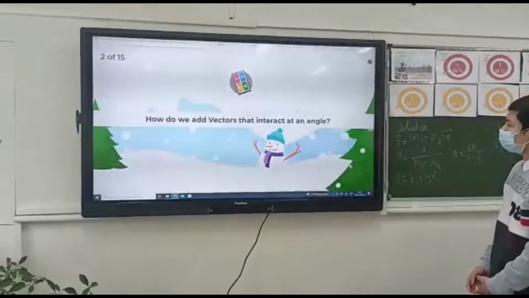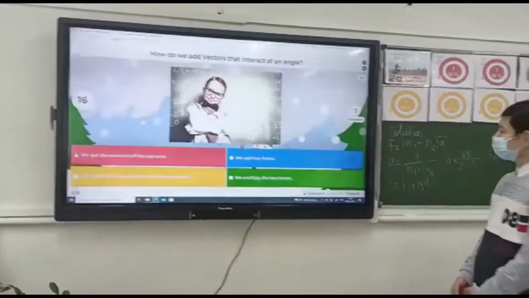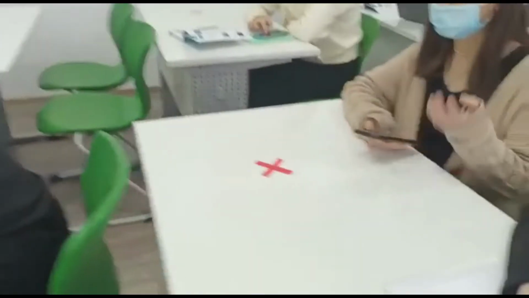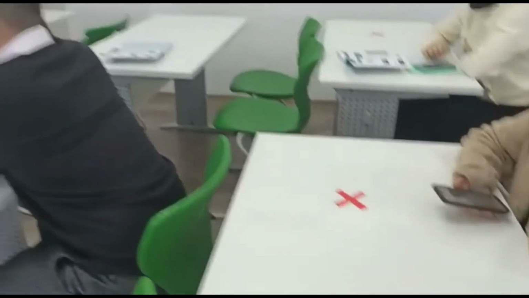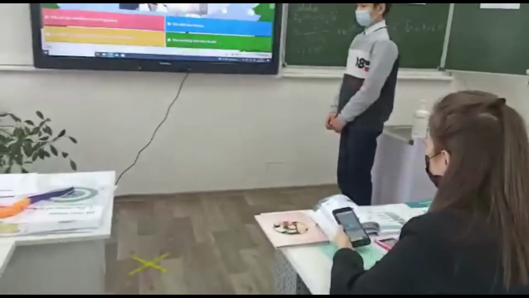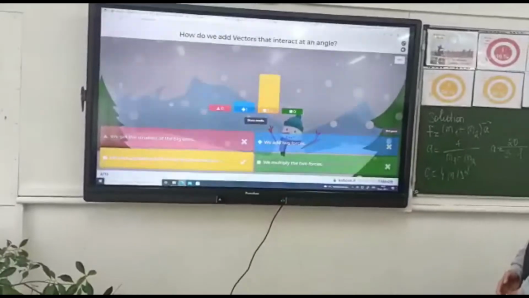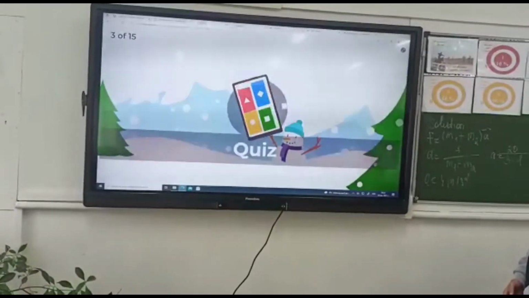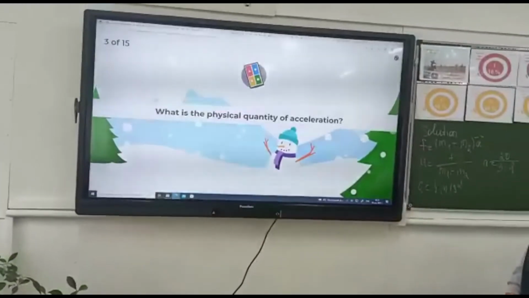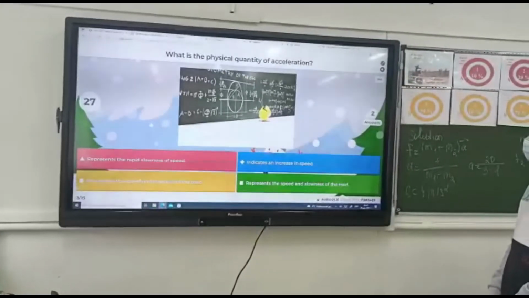How do we add vectors that interact at an angle? What is the physical quantity of acceleration?